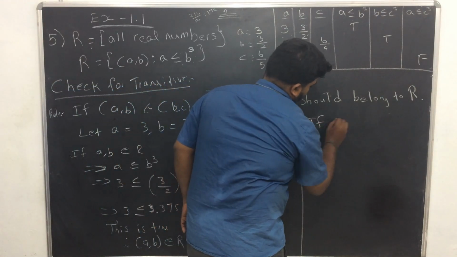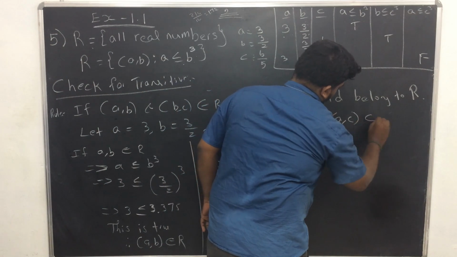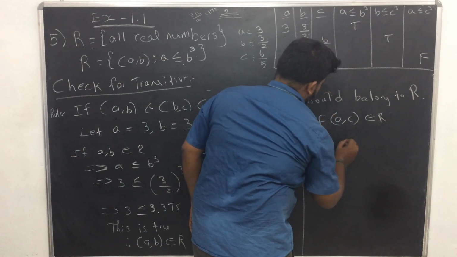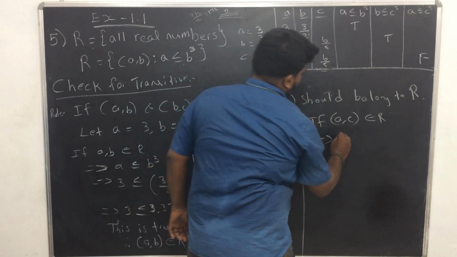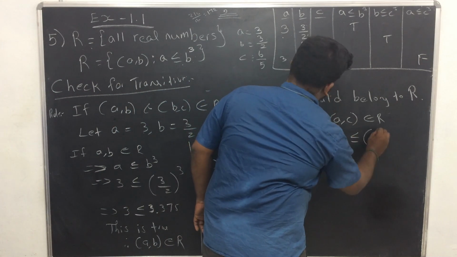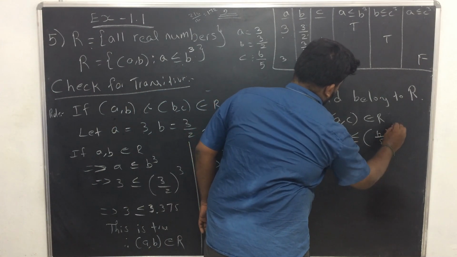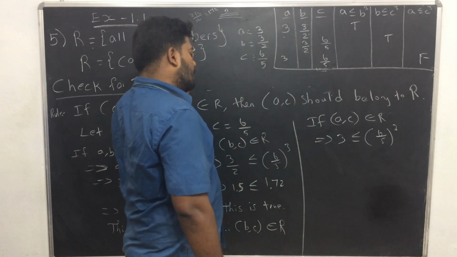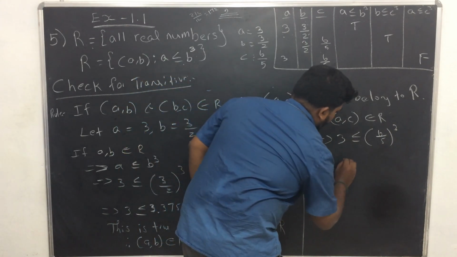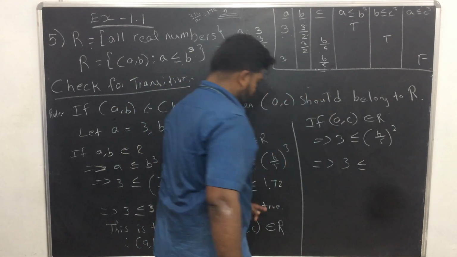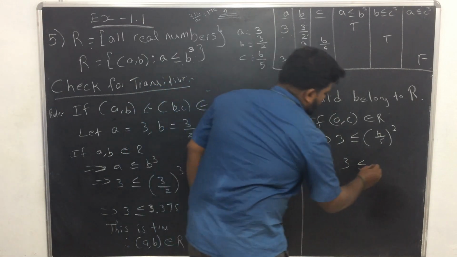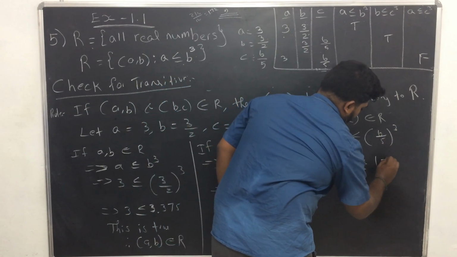If A comma C belongs to R, it implies that 3 is less than or equal to 6 by 5 the whole cube. We have found out 6 by 5 the whole cube to be what? 1.72.